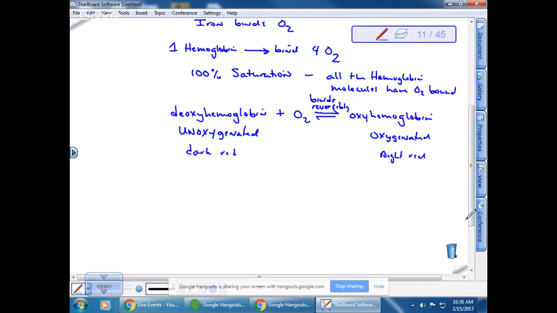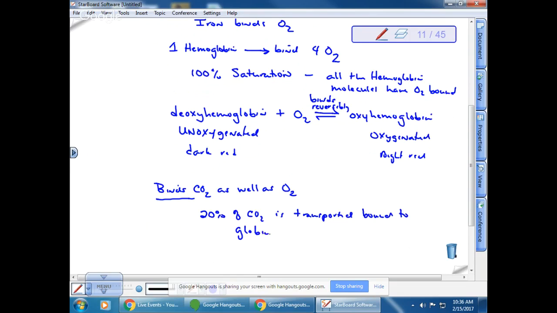So the other function of hemoglobin is that it binds carbon dioxide. About 20% of the CO2 in your body is transported bound to globin proteins in the hemoglobin.